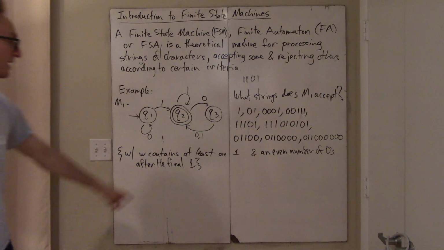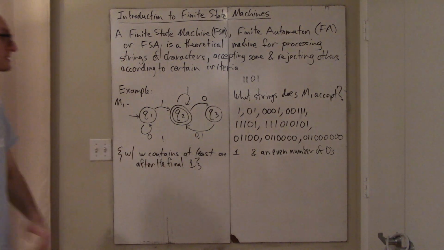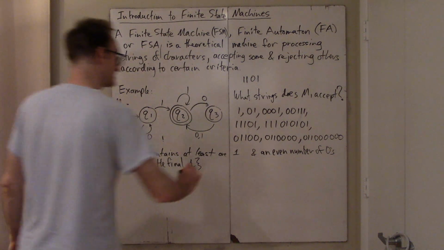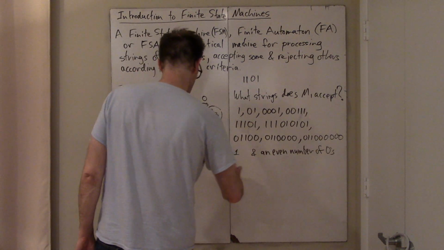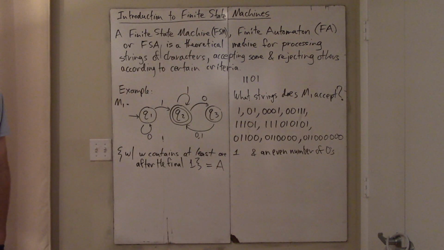Alright, so that's awkward to write, and we don't really have a language to talk about this yet, but I think this is just correct, that this is the set of strings that this machine will accept. Okay, let's temporarily call this set A. And now let's introduce a little bit of vocab.